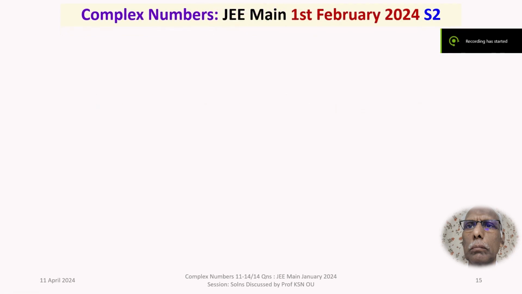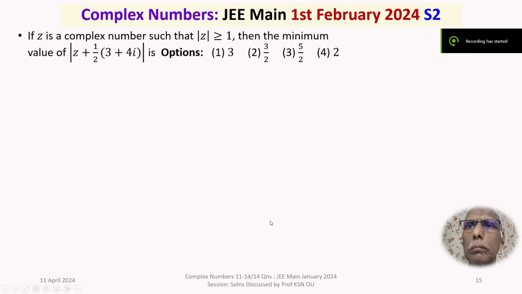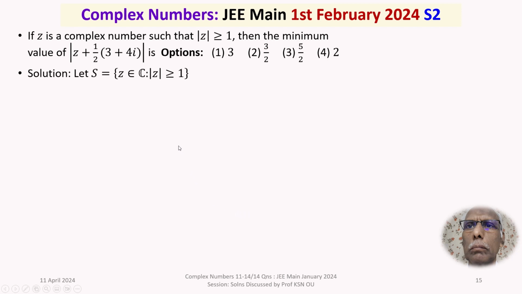Agreed. That's the given question. Let's now discuss the solution of the problem in detail. Let S be the set of all those complex numbers z such that mod z is greater than or equal to 1.